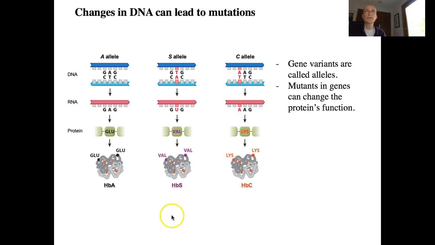So of course, this particular allele might only be of advantage for people who live in an area where malaria is a problem. But I'm mentioning this here because I want to be sure that we understand that alleles are variants, that they're not necessarily good or bad. They are different. And so they can change the function of the protein, and that protein can then potentially have just a slightly different function.